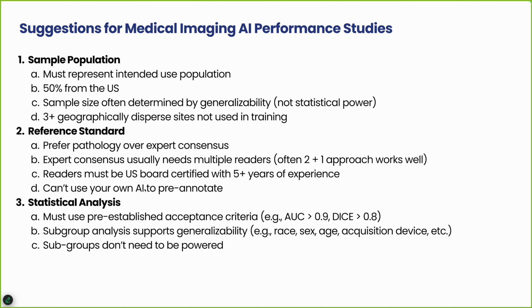They will, however, allow you to use other AI devices that aren't related to yours, and they will allow you to use either foreign radiologists or technicians to pre-annotate it with some constraints. Like you couldn't use the same technician to pre-annotate it for all 3 of the radiologists. You typically need 3 different technicians to each independently annotate it as a pre-annotation for the 3 radiologists.